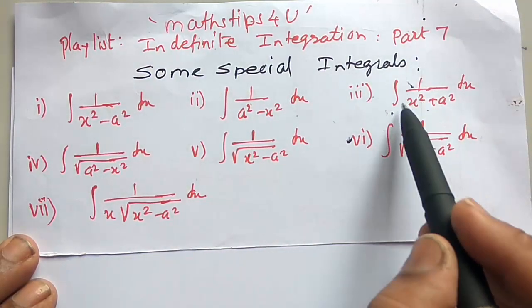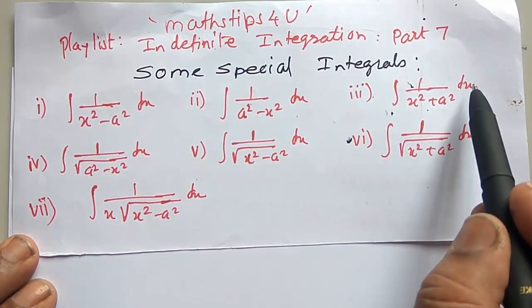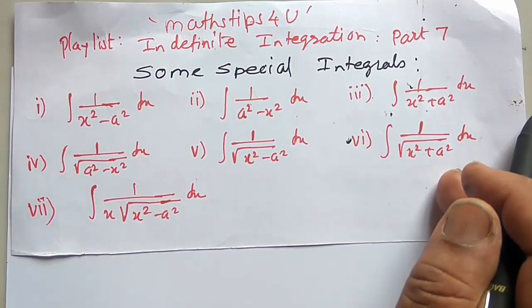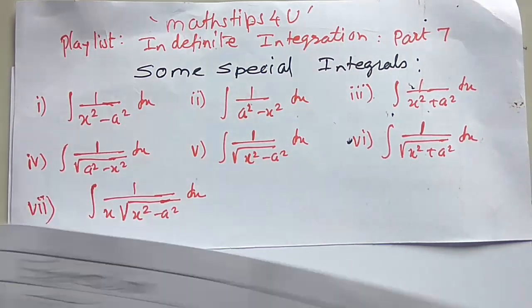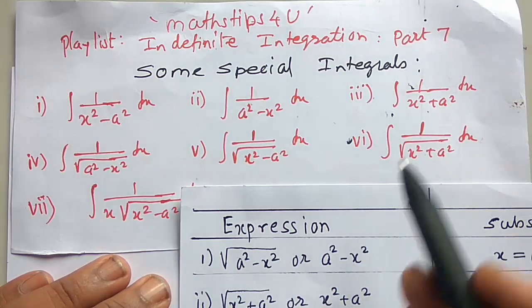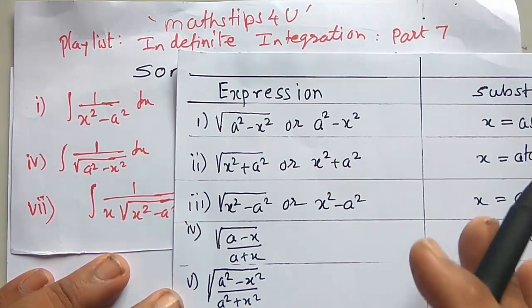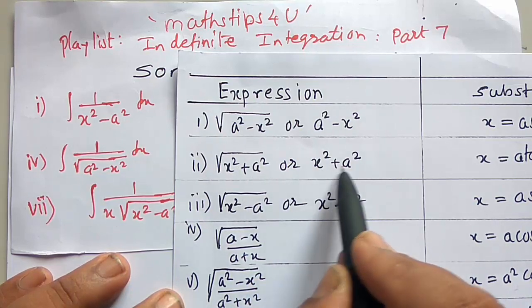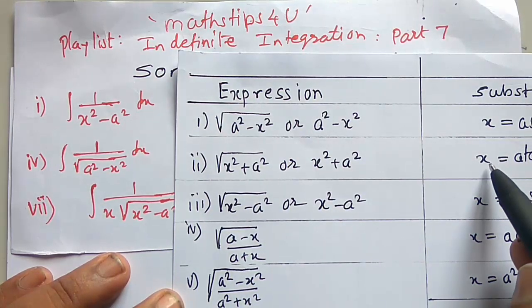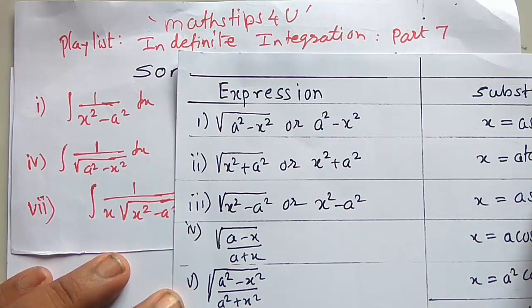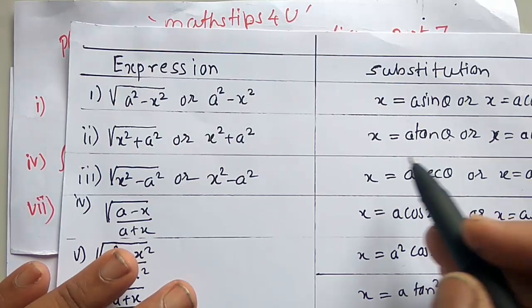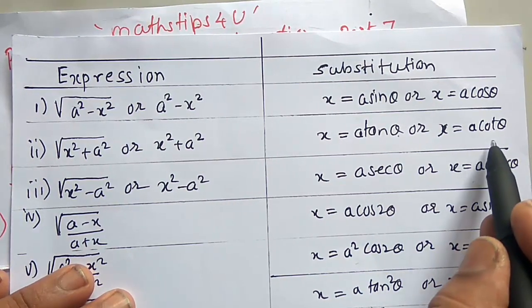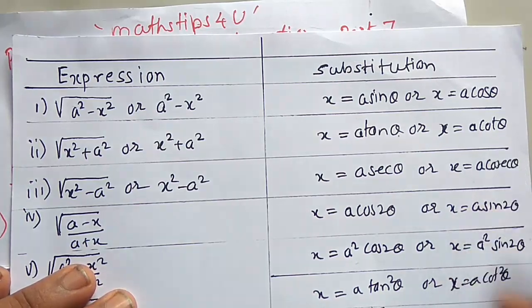Now number third, integration of 1 upon x square plus a square dx. For that we use the substitution. When the expression contains under root of x square minus a square or x square plus a square, then we use either x is equal to a tan theta or x is equal to a cot theta.